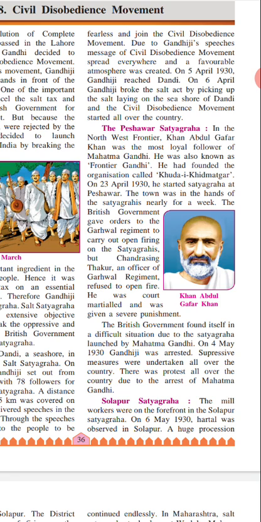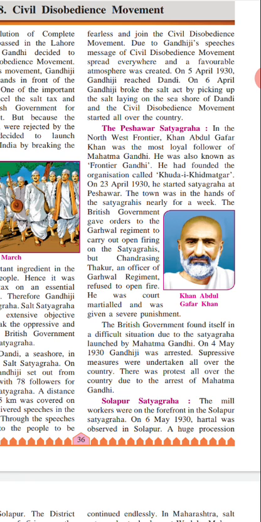With the support of the people, on 5th April 1930 he reached Dandi, and on 6th April he broke the Salt Act by picking up the salt in his hand. And the civil disobedience movement began in India.